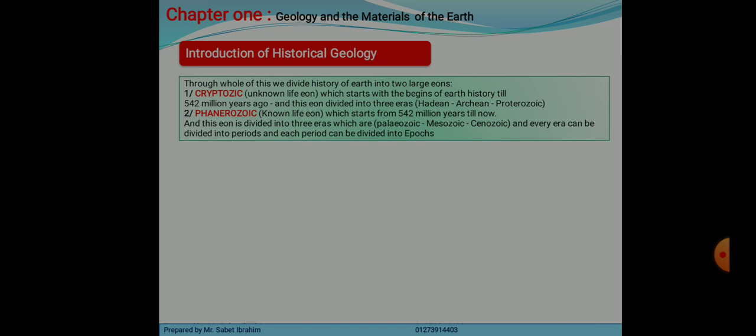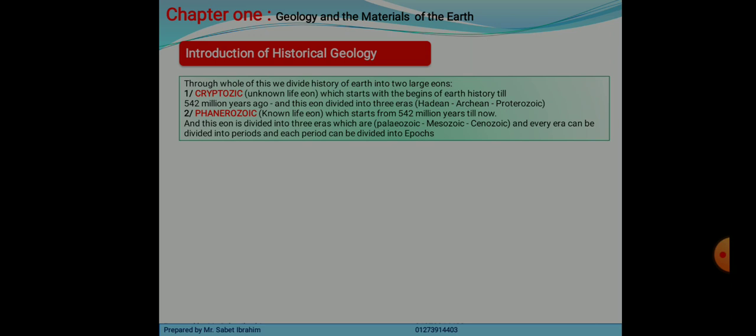This eon is divided into three eras: Hadean, Archean, Proterozoic.